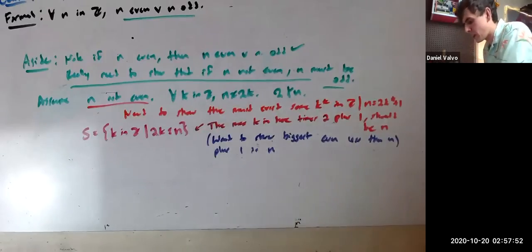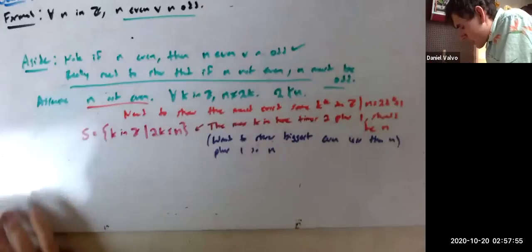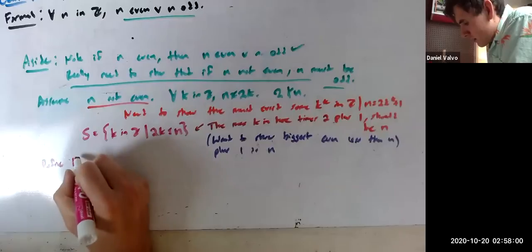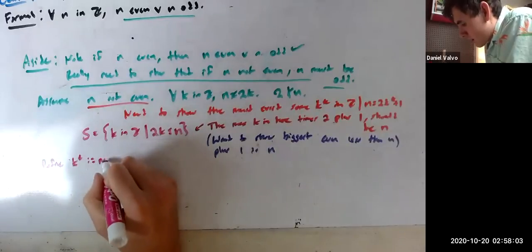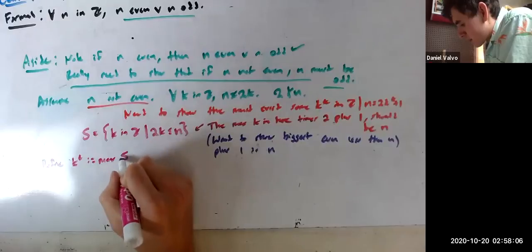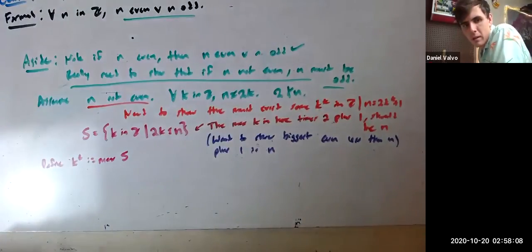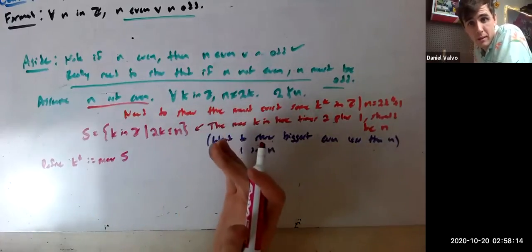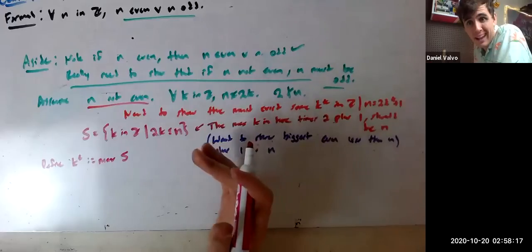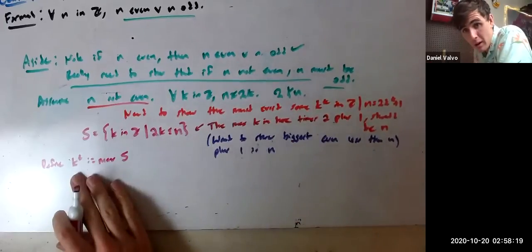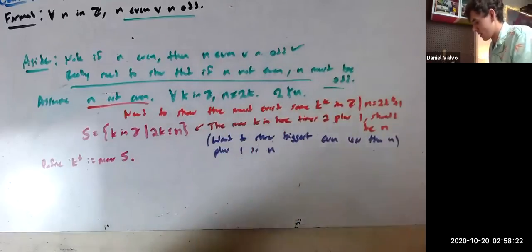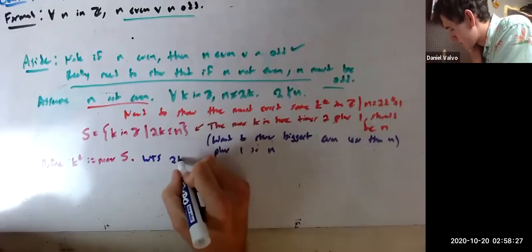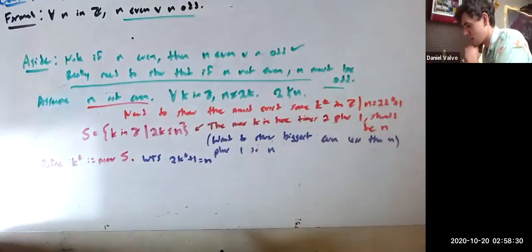So the point then is, let's look at this. Let's define k star to be the max of S. That just means the biggest number in S. And now our goal is to show that 2k star plus 1 equals n.